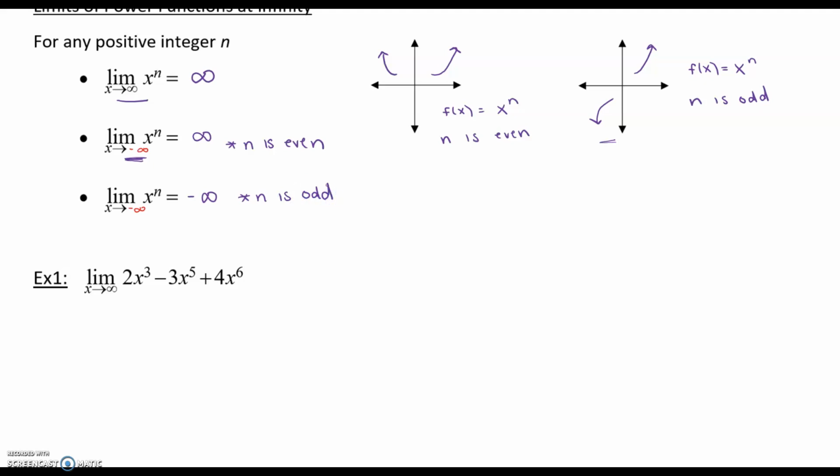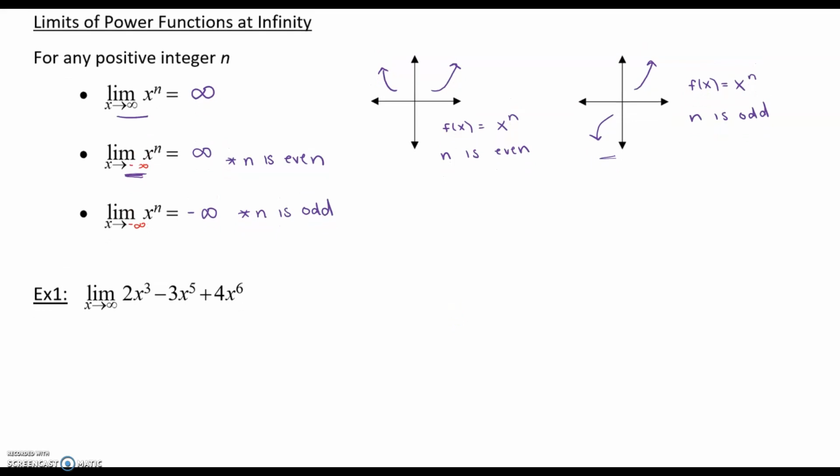So basically, you can just look at your polynomial function and look at the degree, and is it even or is it odd? And then from there, are you going to negative infinity or positive infinity?